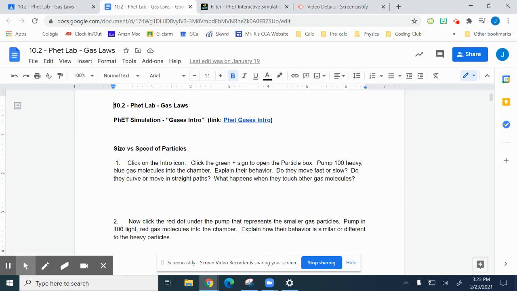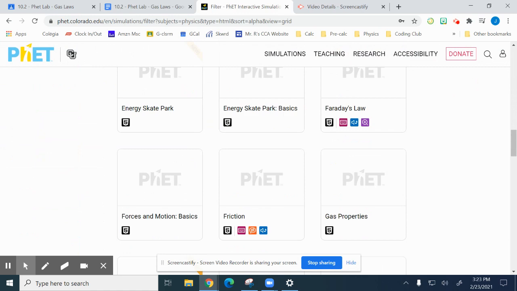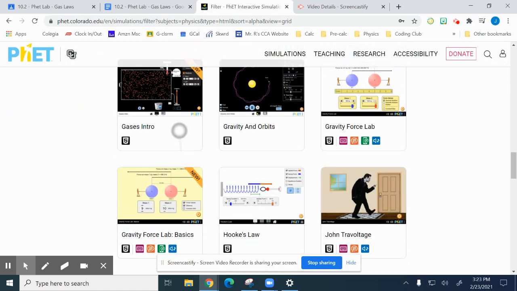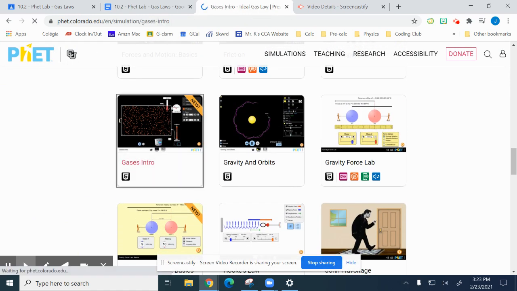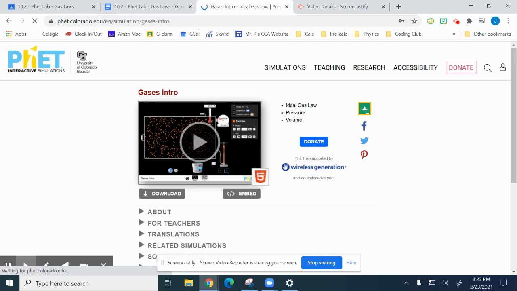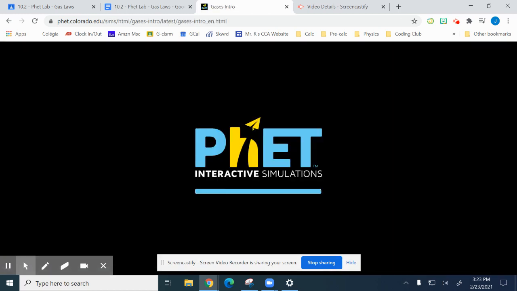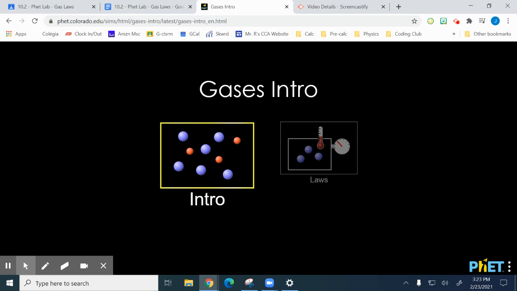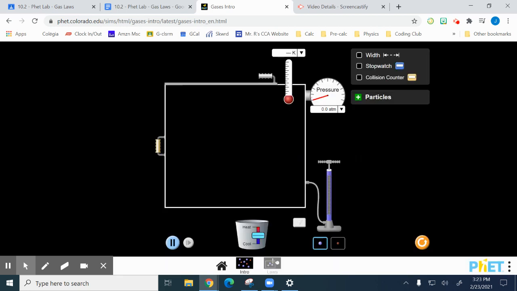We're getting at Gases Intro. I'll go down here, F in alphabetical order. There's Gases Intro right there. All right, I'm going to start that up. I'll hide that, and we'll just stay with Intro for now.